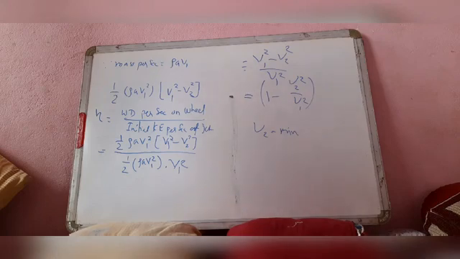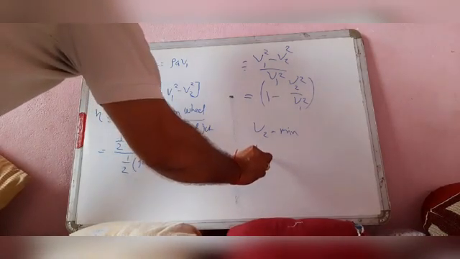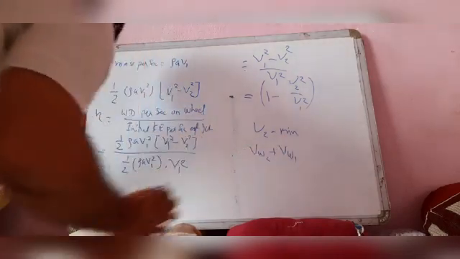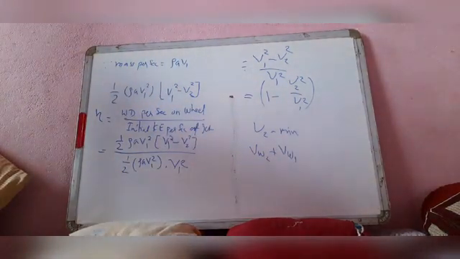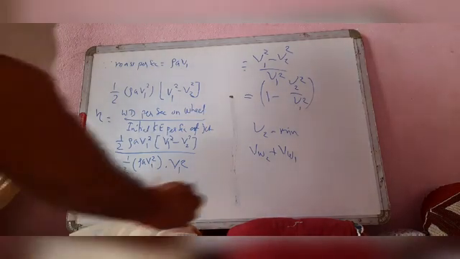Now from the equation, it is clear efficiency will be maximum when VW2 is added to VW1. This is only possible when beta is an acute angle.